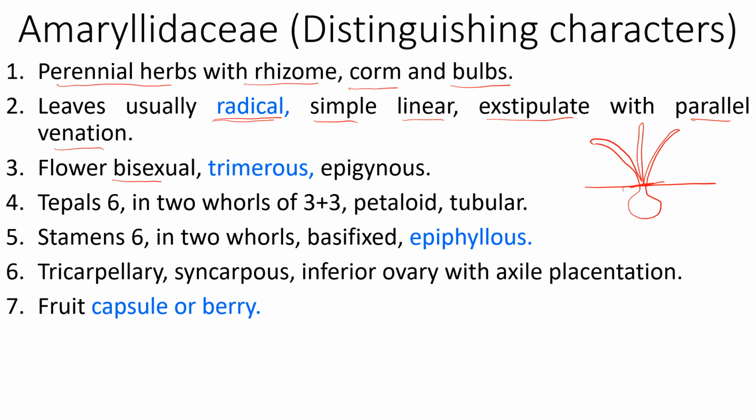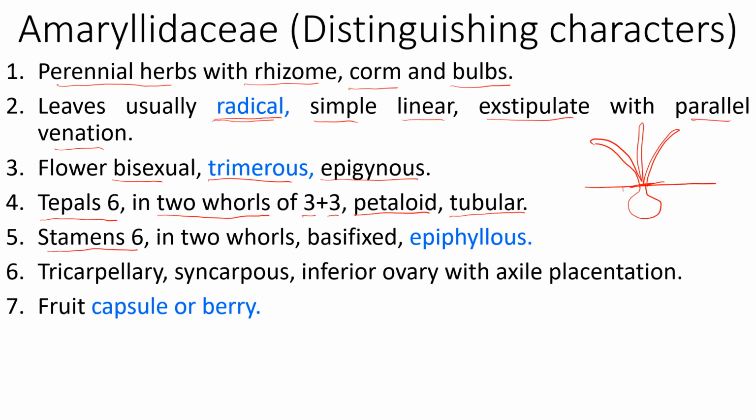Flowers are bisexual, trimerous, and epigynous. Tepals are six in number and they are present in two whorls. Outer whorl includes three, inner whorl includes three. They are petaloid and tubular.